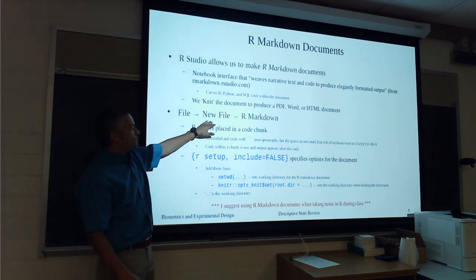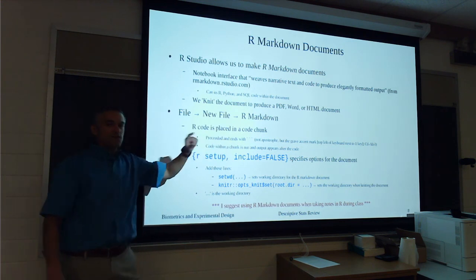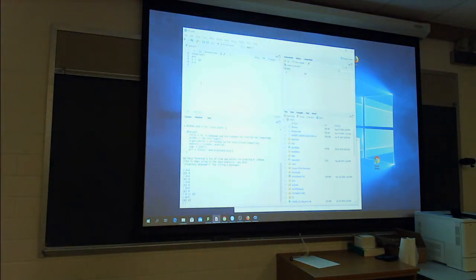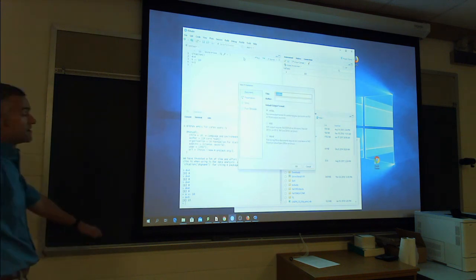Well, File, New File, R Markdown. That creates our R Markdown document, and what that will do is replace our text window with a Markdown document. So I go to File, New, and R Markdown. We already tested it, so it should come up to this.